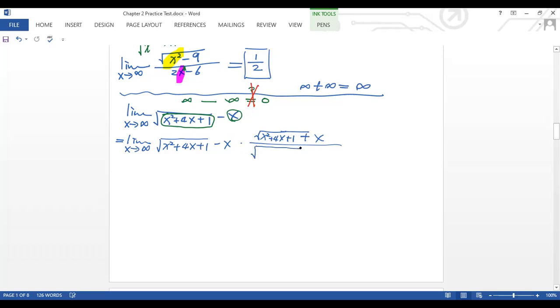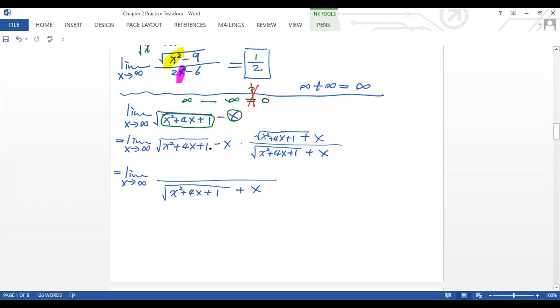So this is a limit as x approaches infinity. The bottom here is the square root of x squared plus 4x plus 1 plus x, okay? And now let's look at the top.